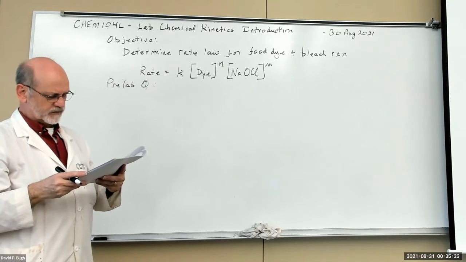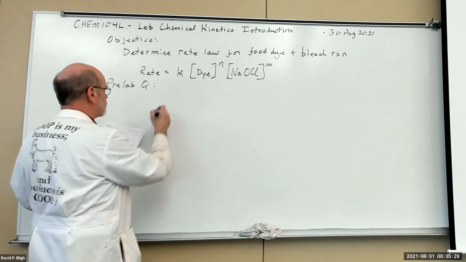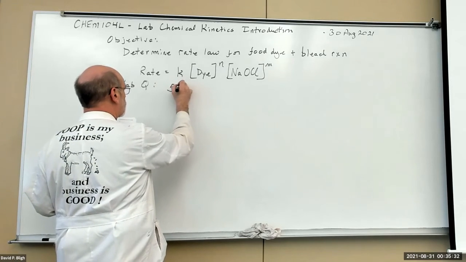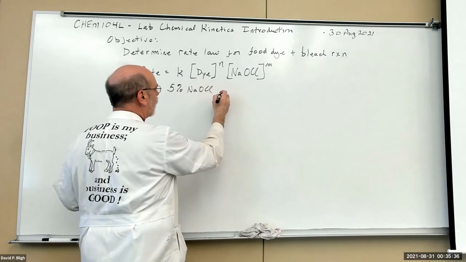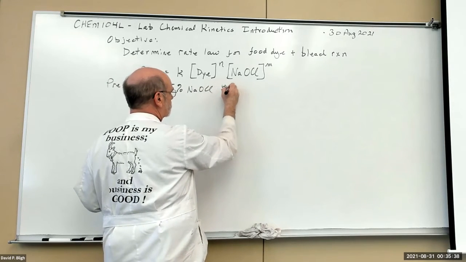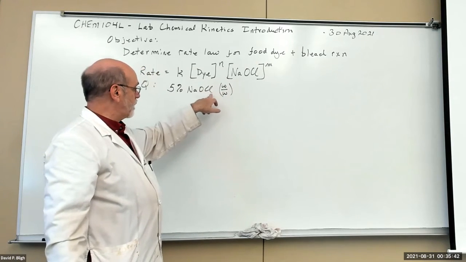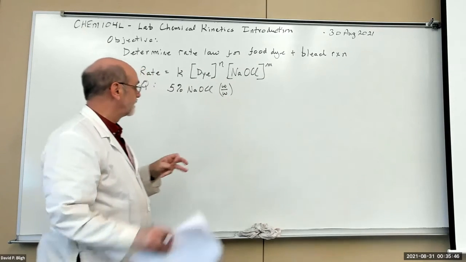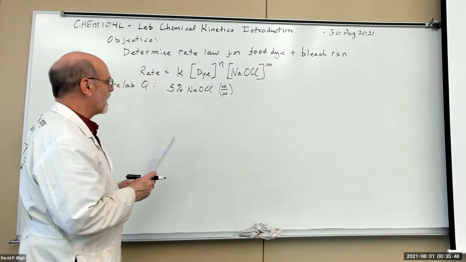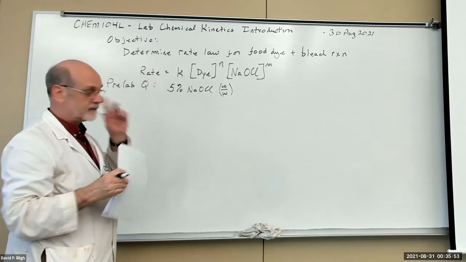So if the household bleach is 5% sodium hypochlorite by weight, that means mass of sodium hypochlorite per mass of bleach. How do we find out the molarity of that? The molar concentration of sodium hypochlorite.